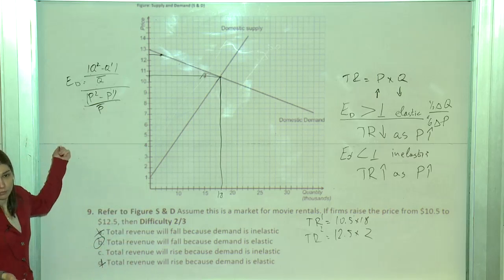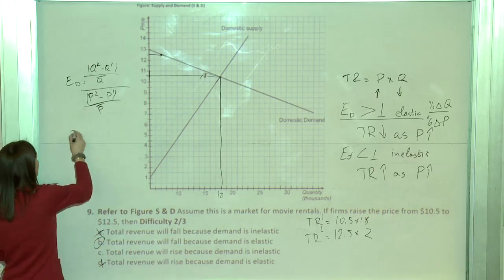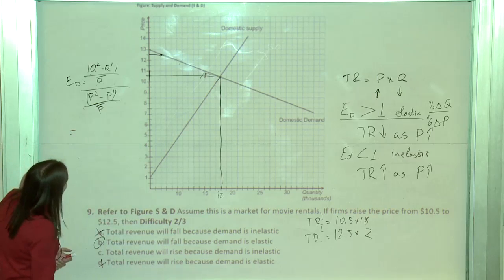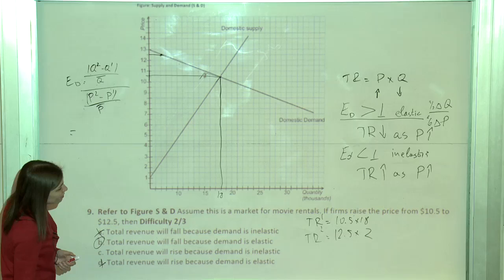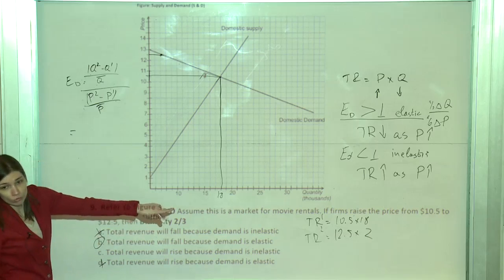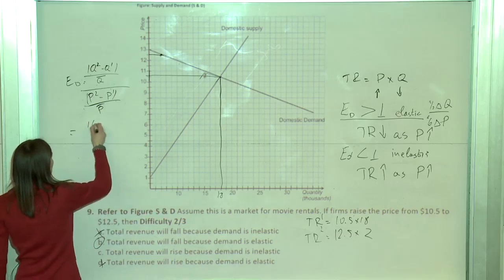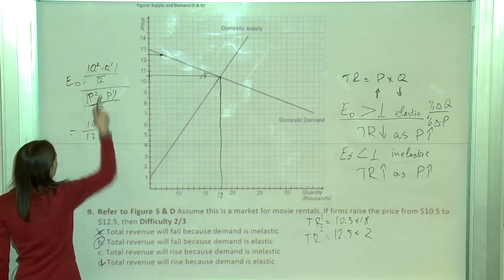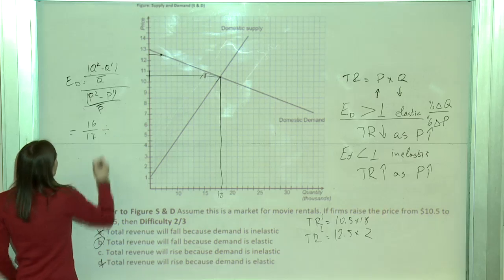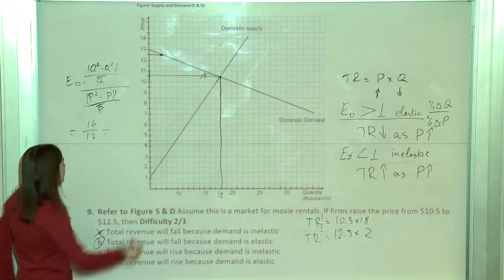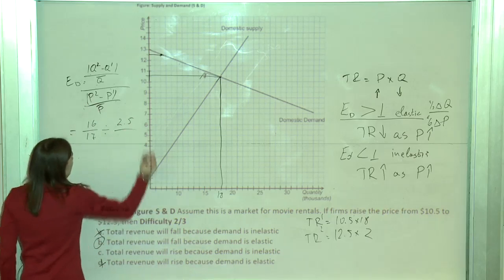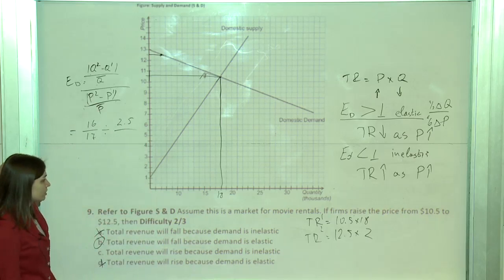That's the formula for elasticity of demand. Quantity demanded changes from 18 to 2 approximately. Right? So this is 16 divided by 17. And then the whole thing divided by price changes by 2.5 over, what is that, 11?